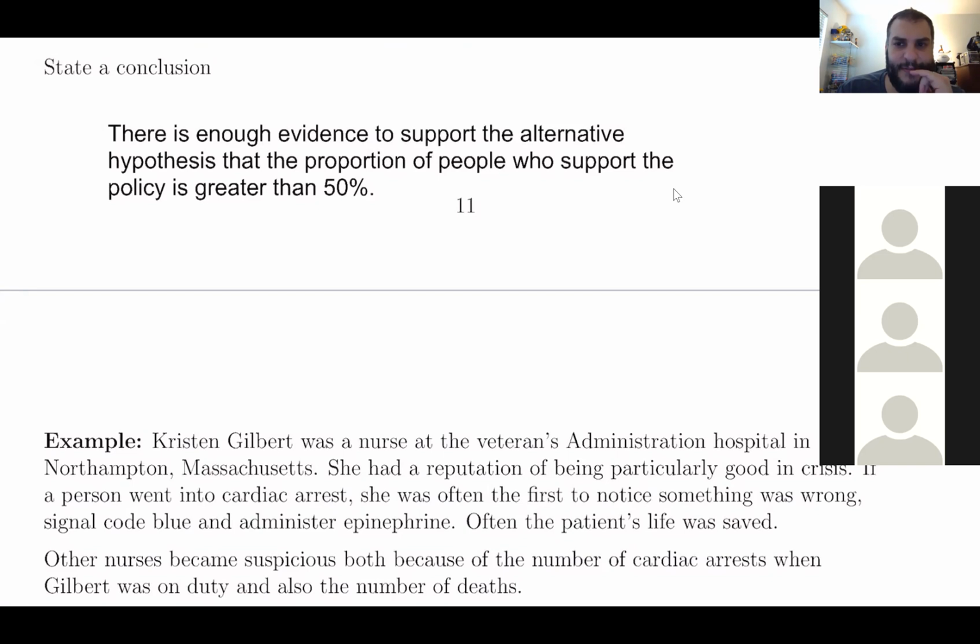Any questions for that first problem for our hypothesis testing? All right, I'll give you a minute in case you're writing something down, and then we'll move on to the second one.